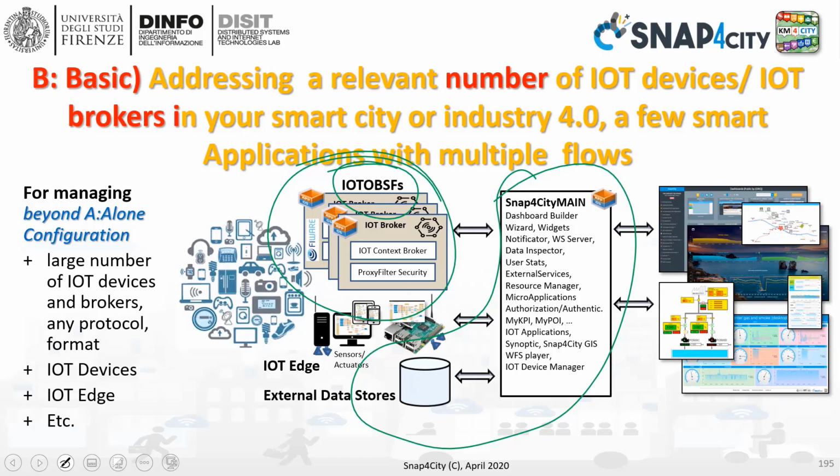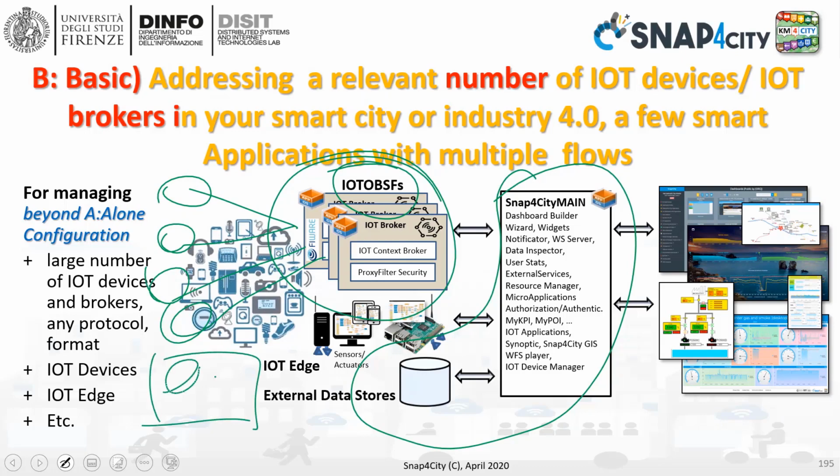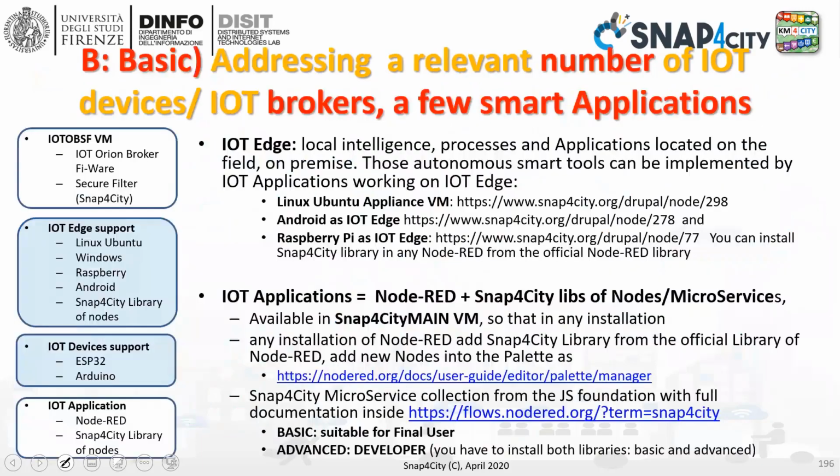They are called IoT Orion Broker Secure Filter machine, IoT OPSF device appliance, you can download and install on your premises in multiple instances. You can register and connect the brokers to the main, and that's it. So in that case, you can connect all this stuff that you have in the field, and you can even connect external brokers as well. So this is what you can have.